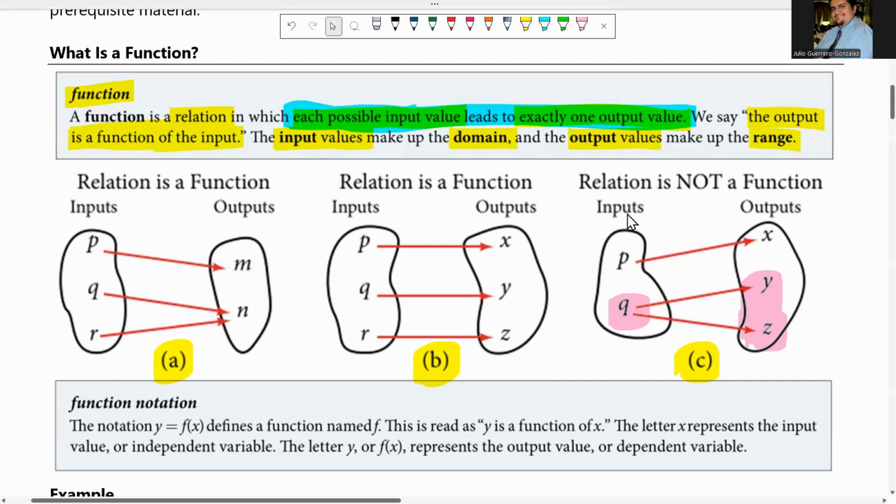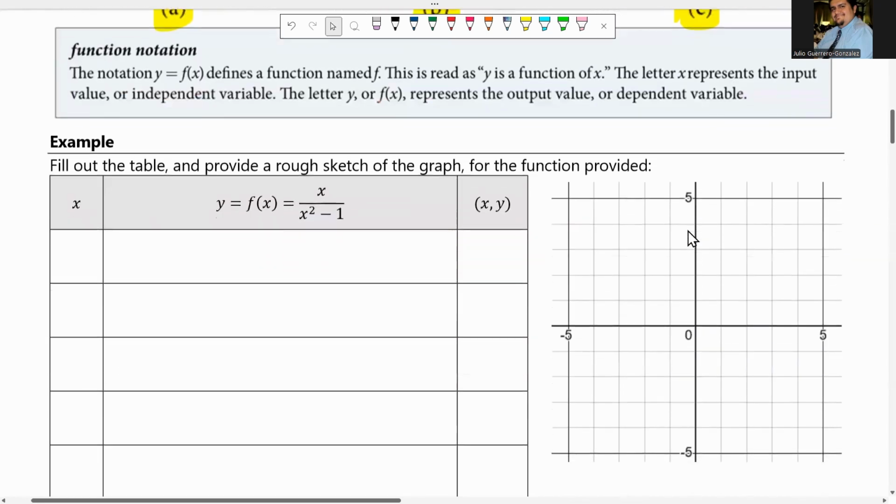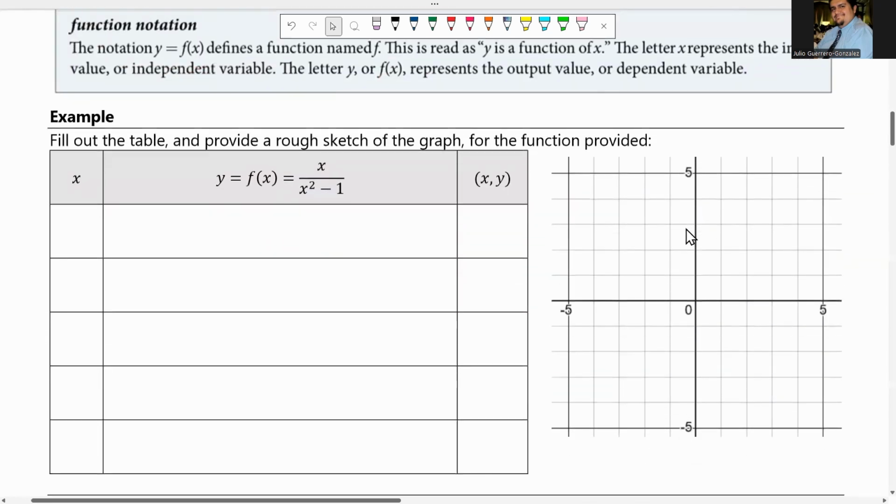Now let me scroll down a little bit and get into functions notation in particular. Functions notation is how we really write our math out. We use this notation right here: the y value is equal to some f of x value. The way that we read it is that y is a function of x.